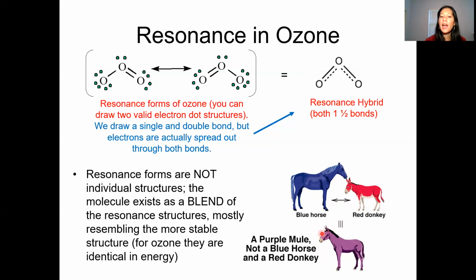It's a resonance hybrid, a purple mule. Okay, so the molecule that exists is a blend, and it mostly resembles the lowest energy or most stable one. These are actually identical in energy. So that's why we have 1.5 bonds here.